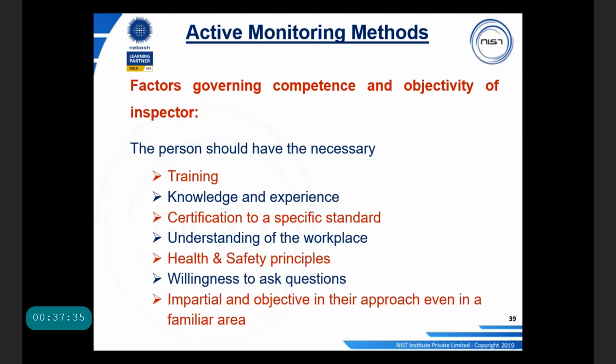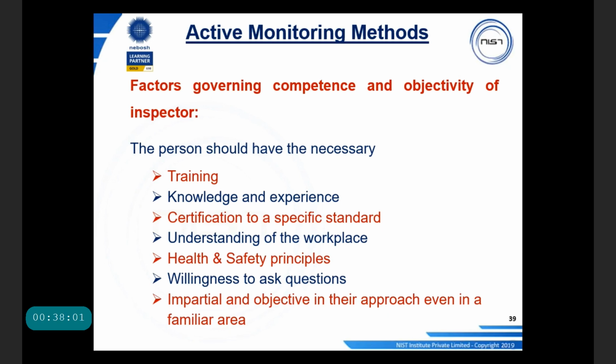What is realistic? Right now, this is all I can do. So he's being realistic and saying it is okay, but that is not being objective. In fact, it is being subjective, where he's allowing his personal feelings to interfere with the inspection findings. So objective is not allowing your personal feelings to interfere. That's what we mean by objective.